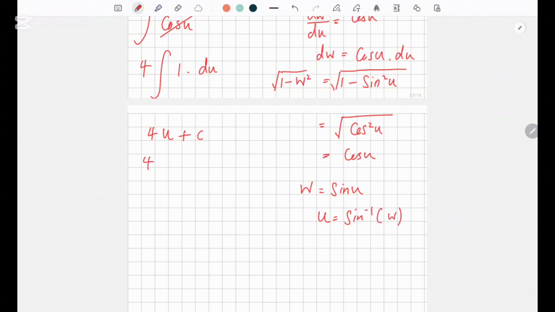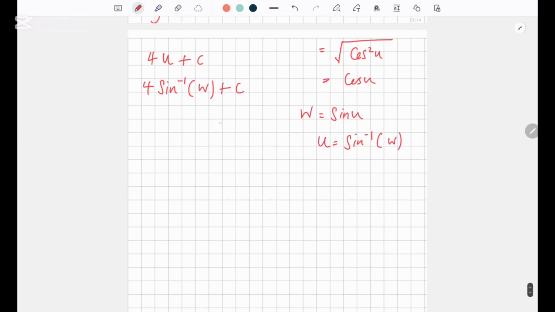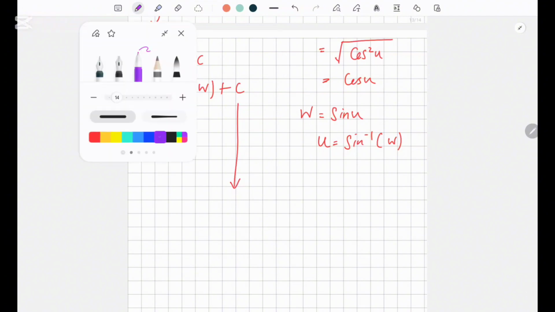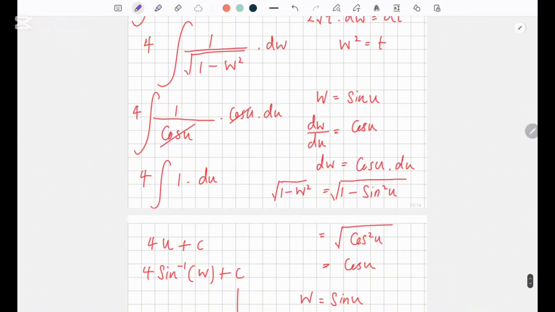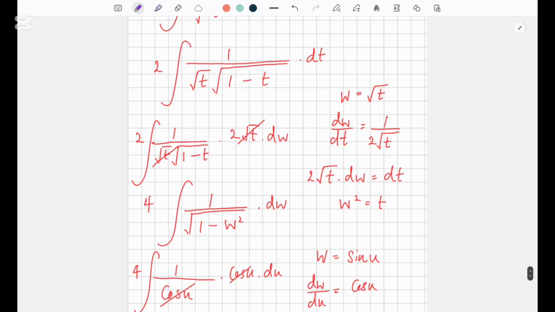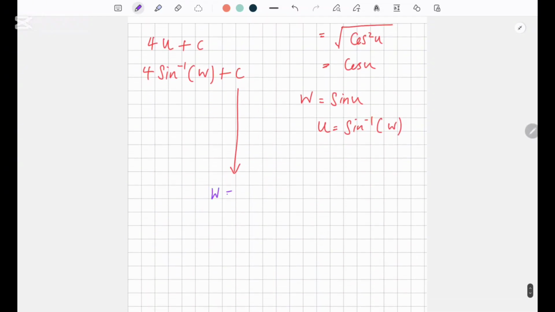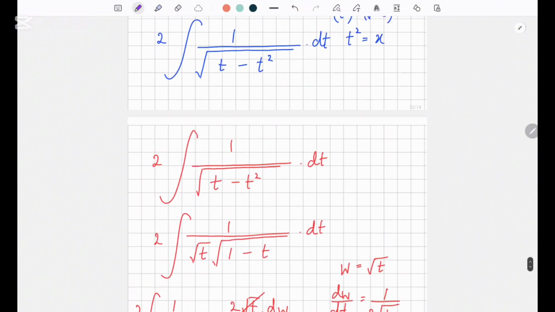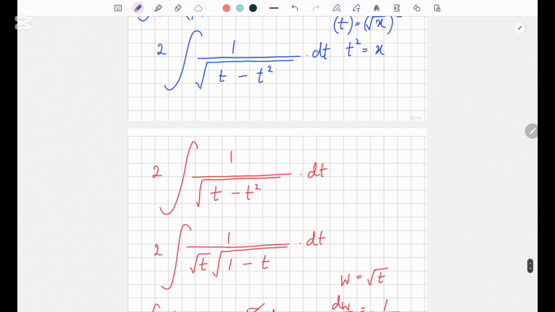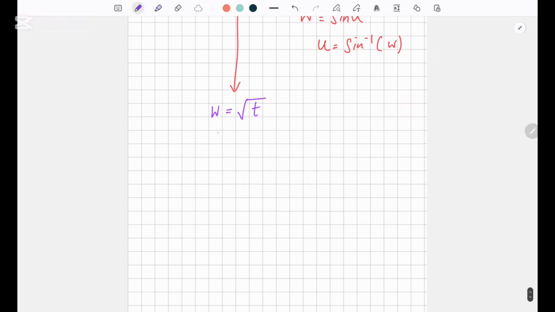So it's 4 sine inverse w plus c. But this is not your final answer, because we took a bunch of substitutions. We had w equals root t, and t equals root x.